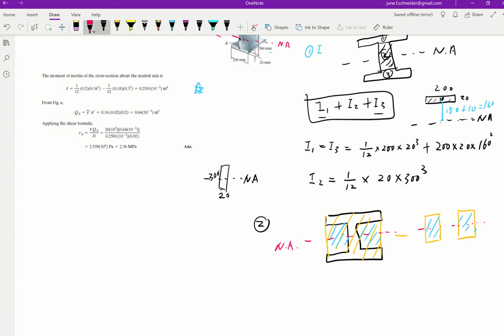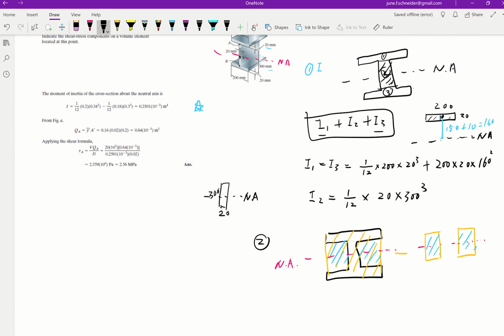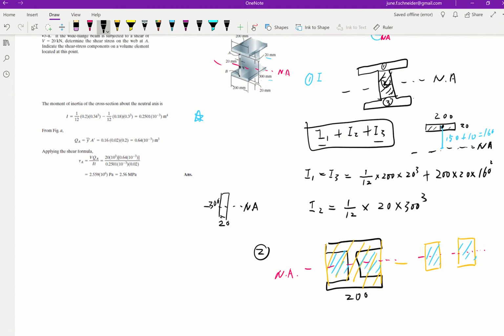So let's take a quick look. How can we figure this out really quickly? This is 200, and the height is 300 in the web, and 20 for the flange, so it will be 340. Then for this two rectangle right here, it's basically right here, right?